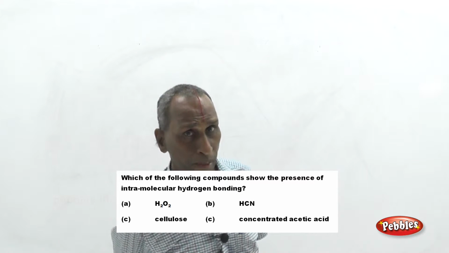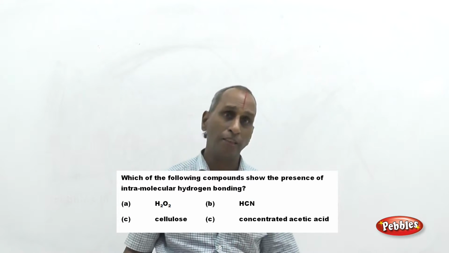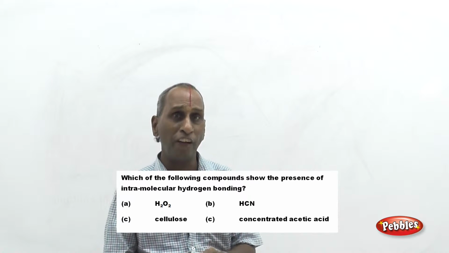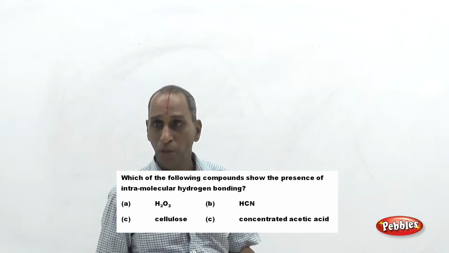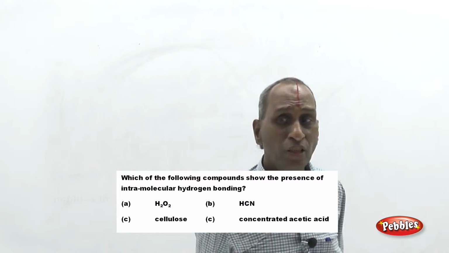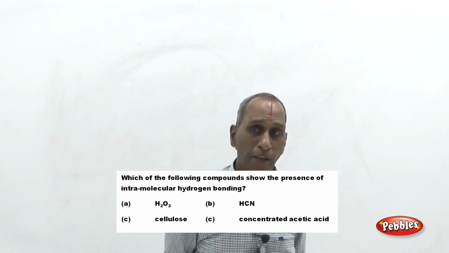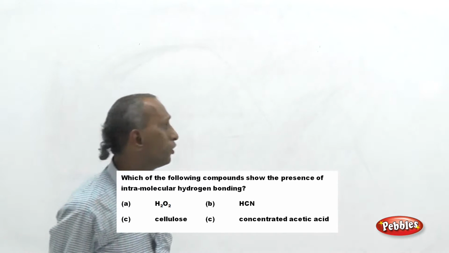First let us define what is meant by hydrogen bonding. Hydrogen bonding is the phenomenon of interaction between hydrogen and a more electronegative atom. If this bonding exists within the molecule, it is called intramolecular hydrogen bonding. If it exists between the molecules, it is called intermolecular hydrogen bonding.